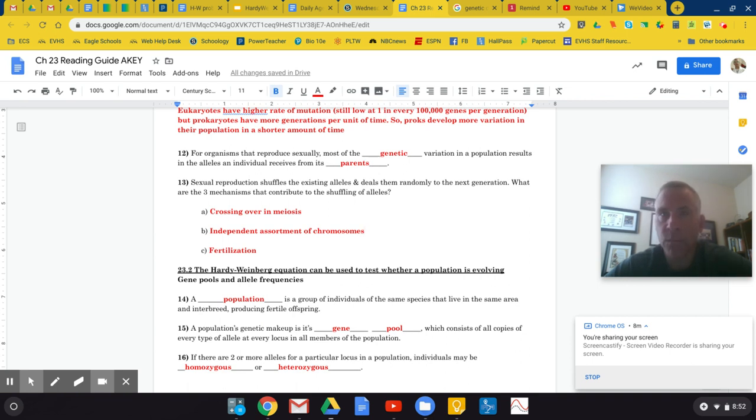The quick connection we can make is the connection of ourselves to our siblings and our most closely related family members. We have the same genes coming from the same parents, but there's a lot of different combinations that can occur through crossing over in meiosis, how the chromosomes line up in meiosis, that independent assortment of the 46 different chromosomes that we have, and finally, which sperm cell fertilizes which egg cell.